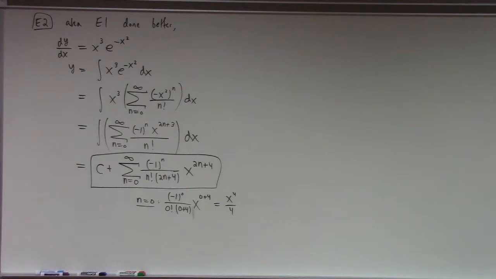Right, n equals 0 reproduces what we found in our term-by-term analysis. But this is a luxury, right? Being able to isolate dy/dx and then integrate both sides. This doesn't usually happen. Most differential equations are not so forgiving, right?